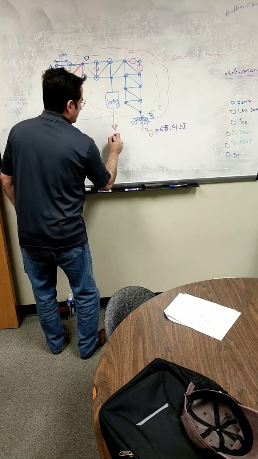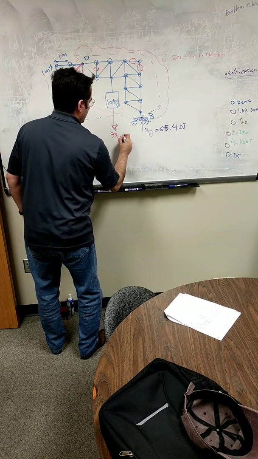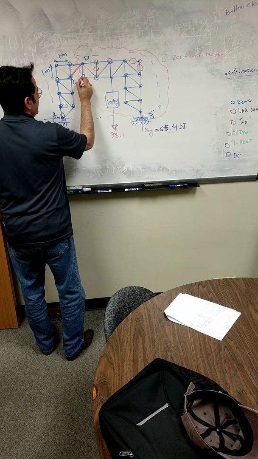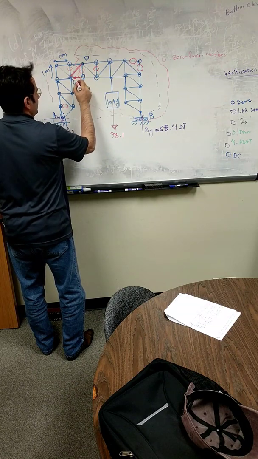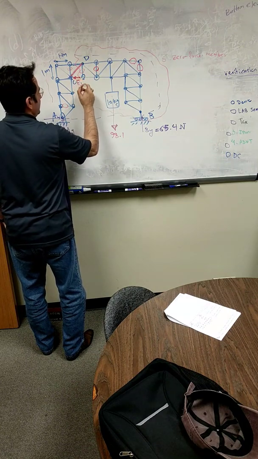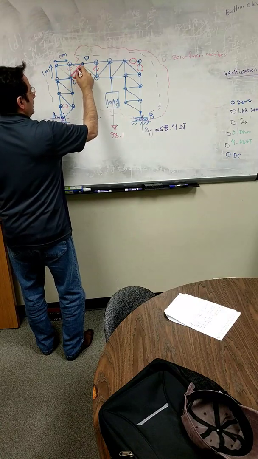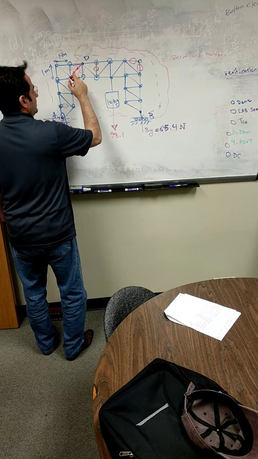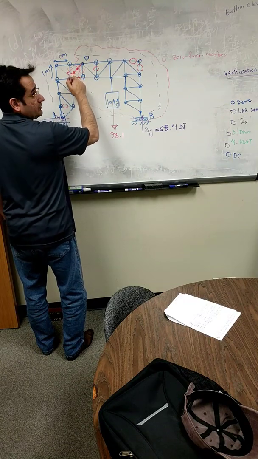You have this guy which is 98.1. And then here you have a force in this member, let's call it F1, and a force in this member, let's call it F2. That's what we're trying to find.